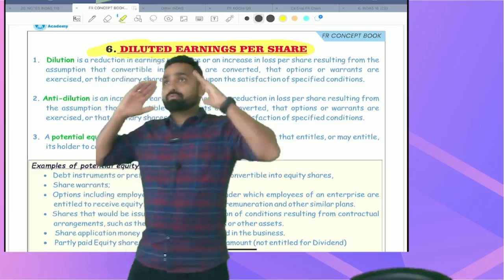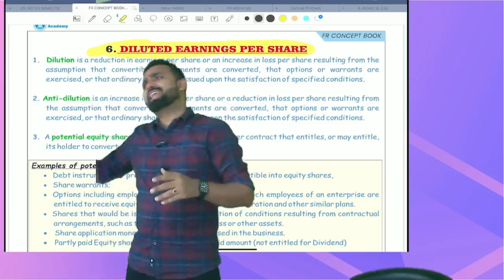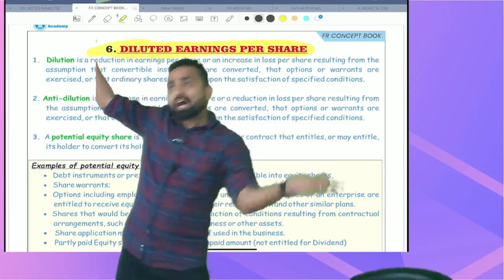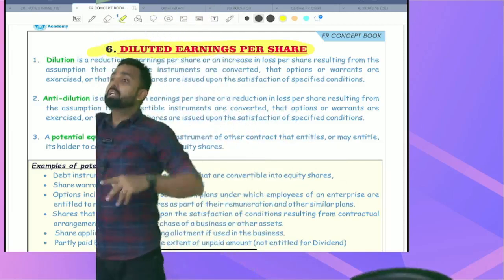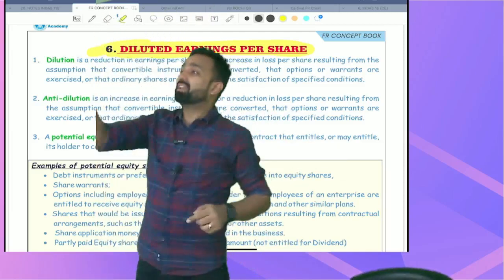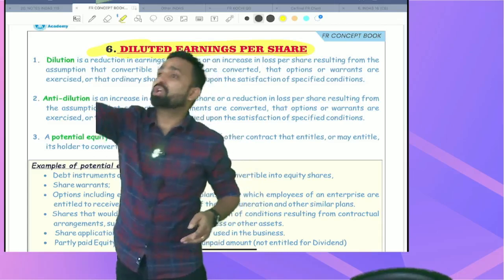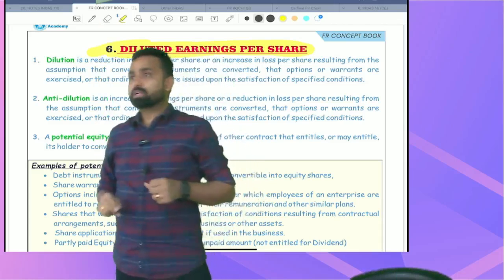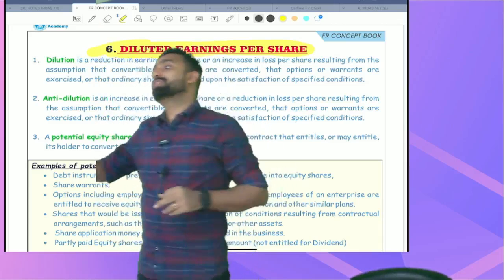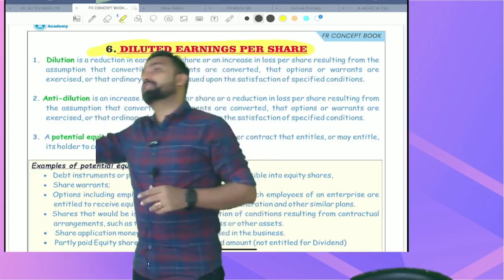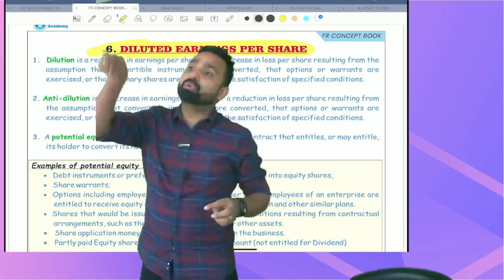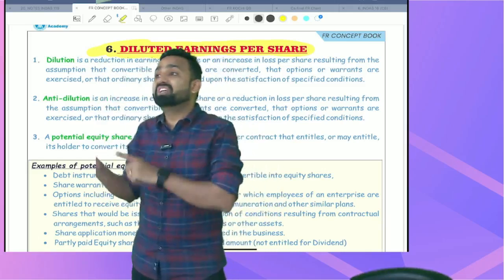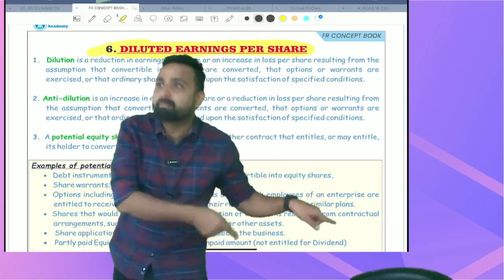But the exception is whenever we convert those securities which have the potential to convert into equity. Suppose I have convertible debentures. In the future the convertible debentures would get converted into equity shares. Their conversion won't affect the earning basically.